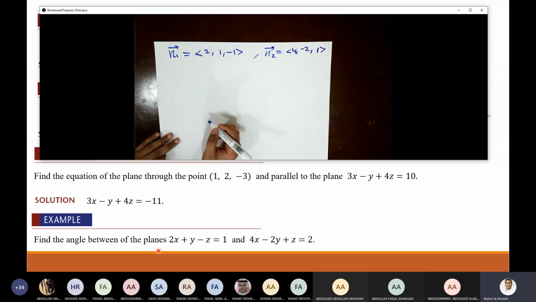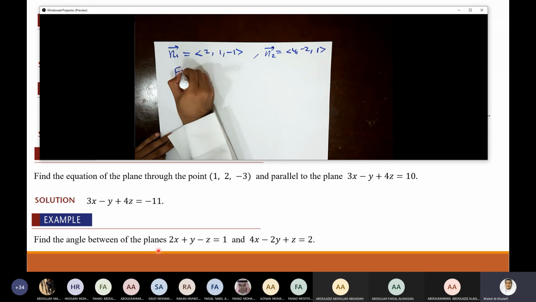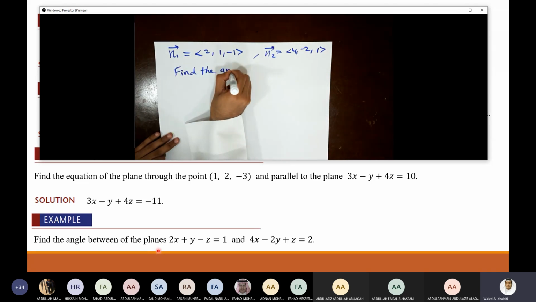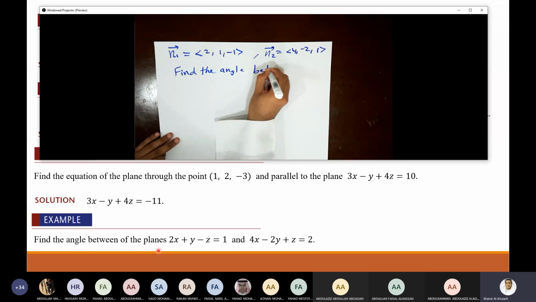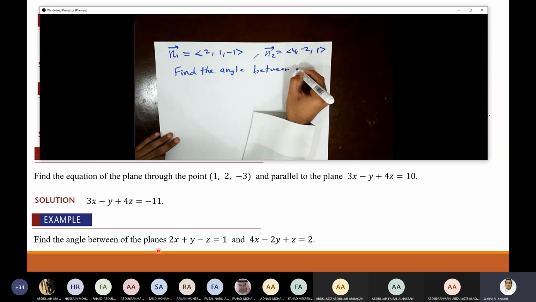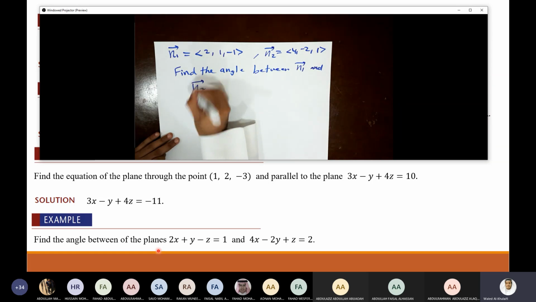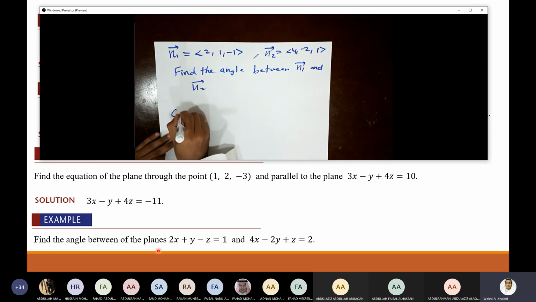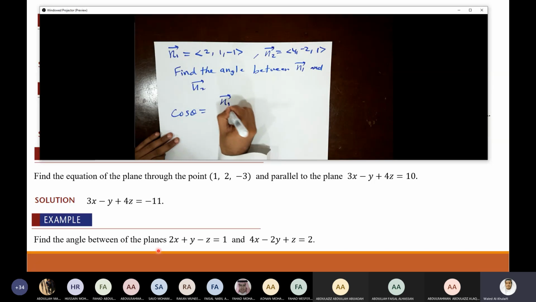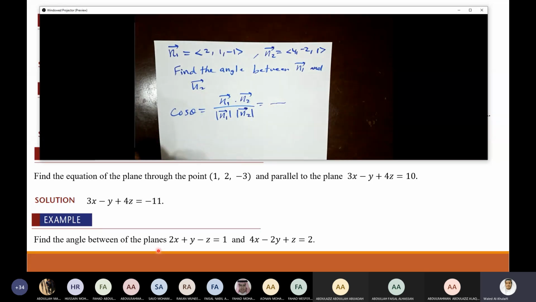So find the angle between N1 and N2. Remember that cosine theta equals N1 dot N2 over the magnitude of N1 times the magnitude of N2. I will leave this to you.